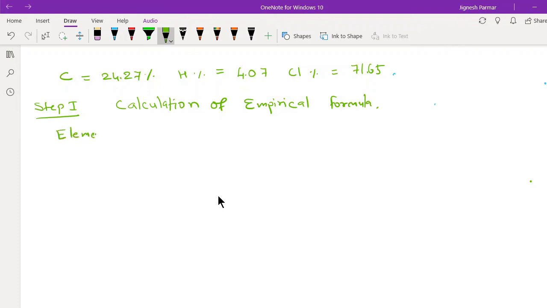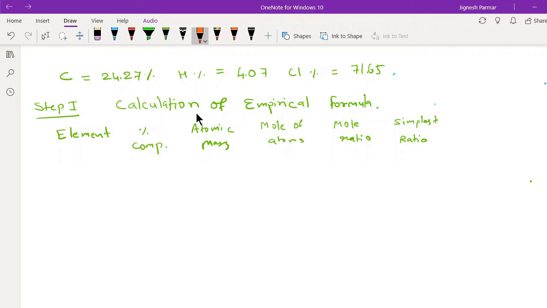The first column we will write element, second column percentage composition, third column atomic mass, fourth column mole of atoms, fifth column mole ratio, and the sixth column simplest ratio. Let's start this way.